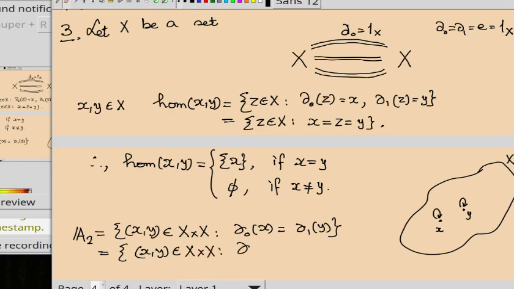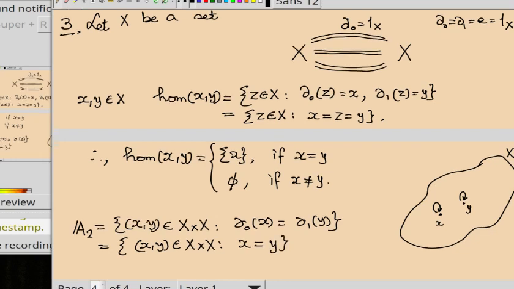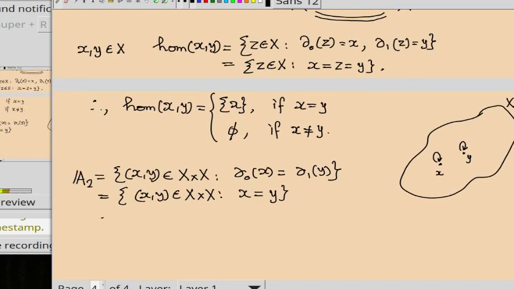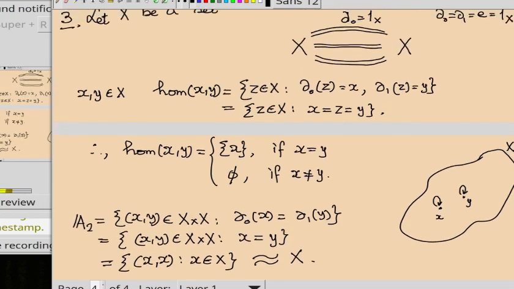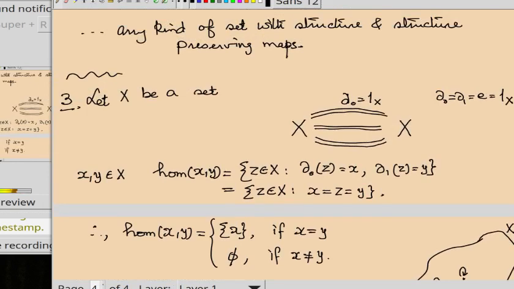So partial 0 x is my x, this is equal to y, so this is the subset. And this is obviously in bijective correspondence with the set X itself.